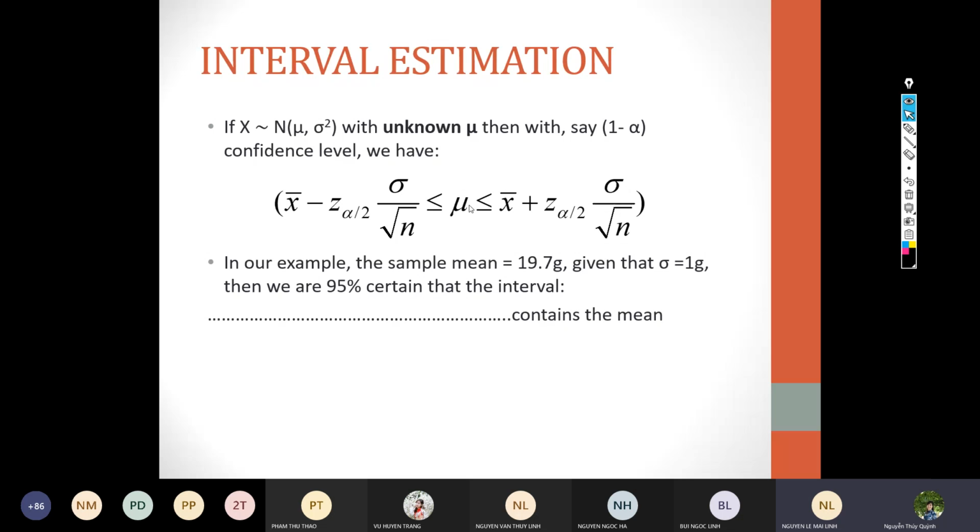Okay, 1.96. For the critical value z alpha divided by 2, you just look at the statistic table. You look at the distribution table of z and find the critical value. When alpha is 0.05, then z alpha divided by 2 is 1.96.